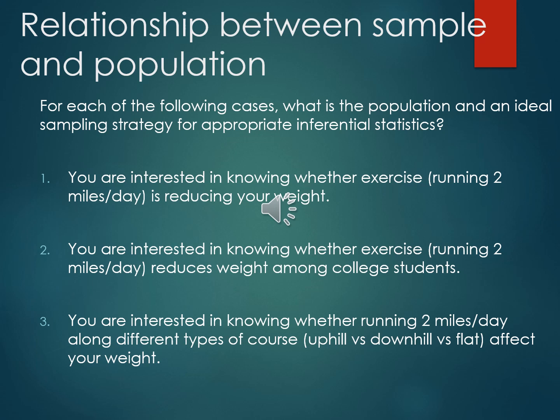In this case, what you are interested in is your weight. So therefore, your population is about you. The only extension is the time. So therefore, your sample should extend across the time dimension, and it doesn't extend to multiple people.